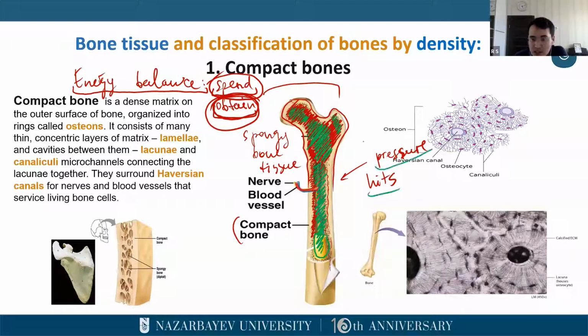Also, this compact bone doesn't let a lot of heat fluctuations, which means stability or balance in temperature inside this part. And of course, our stem cells and the blood stem cells, they are really dependent on the temperature that is in this place of blood production.